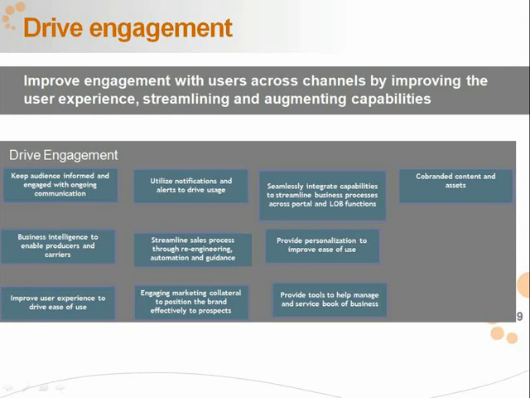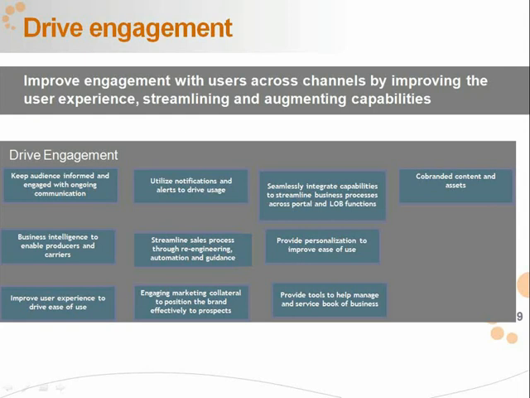So again, by integrating capabilities, what we mean is something which enables your agent to sell better on an agent portal or on a distribution portal should be available to some other carrier on some other portal, or some other partner trying to further your business, or on your own website or on your customer portal.